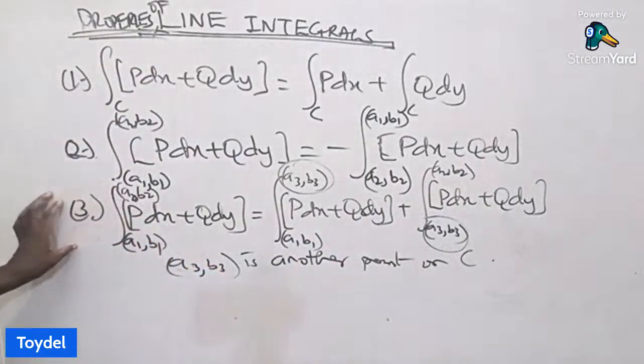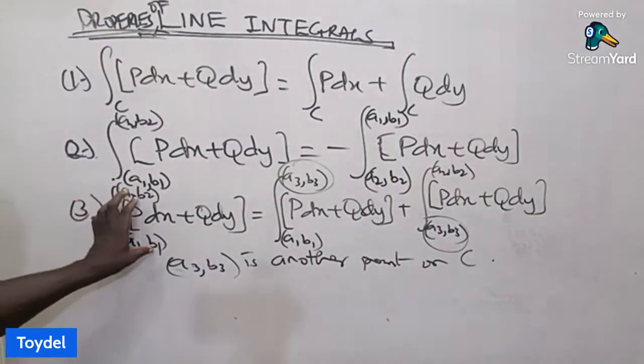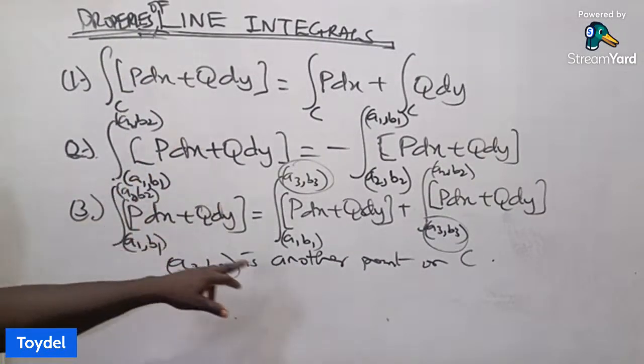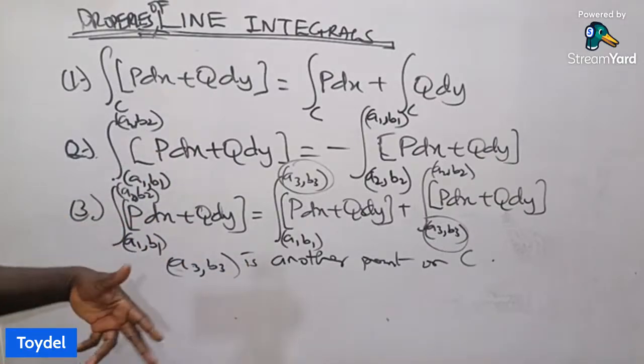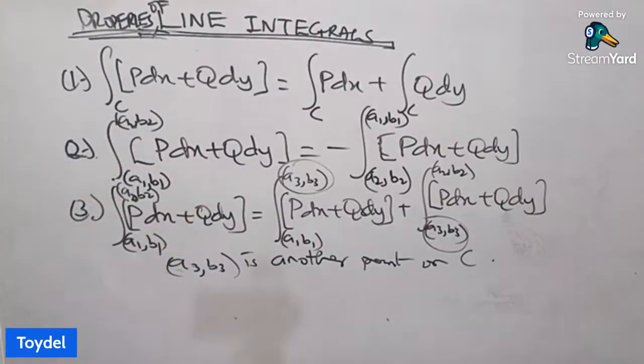So the property is just telling us that if we have another point along C, we can actually split the integral as we have it on the board.